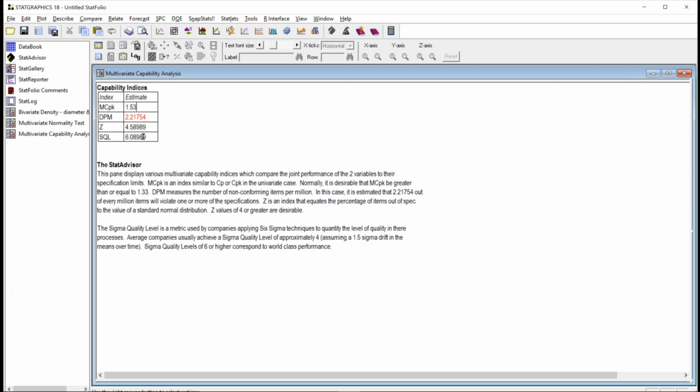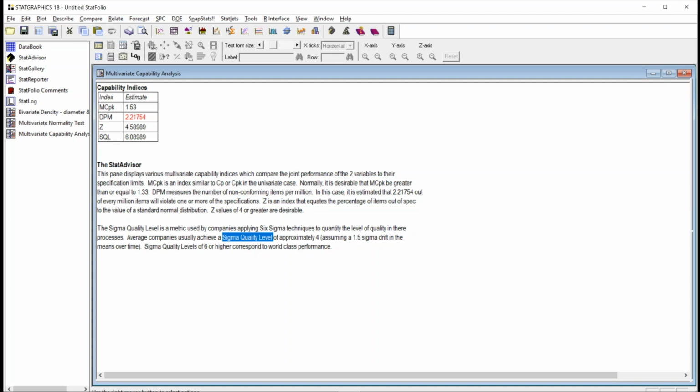I can also estimate a multivariate statistical quality limit, what I call the SQL. If you take the Z-min and add 1.5, you get what the Six Sigma people like to use. Actually, I'm sorry, it's not the statistical quality limit, it's the sigma quality level. I had a slip of the tongue there. I can see the Stat Advisor talks about it.